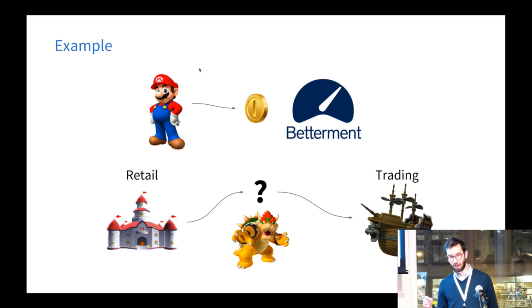They tell us that, and then that little retail application needs to talk to another application in order to process that deposit. That's what we're going to call the trading application, which is our flying pirate ship. So you can see there's a need for some HTTP service integration here.